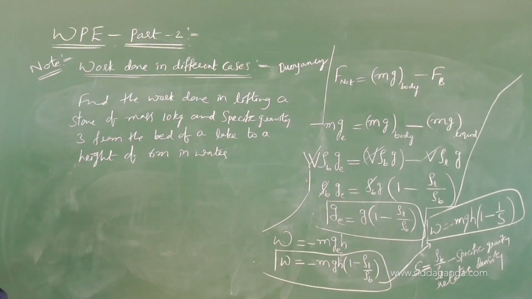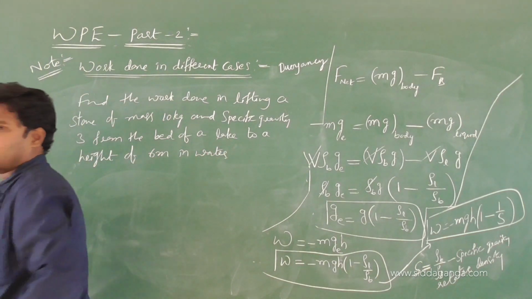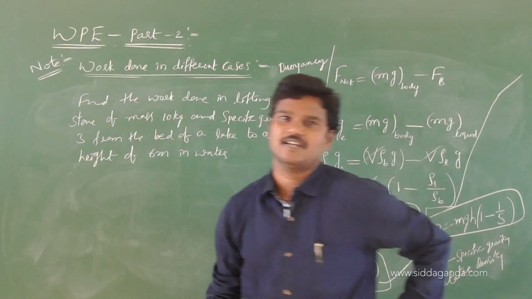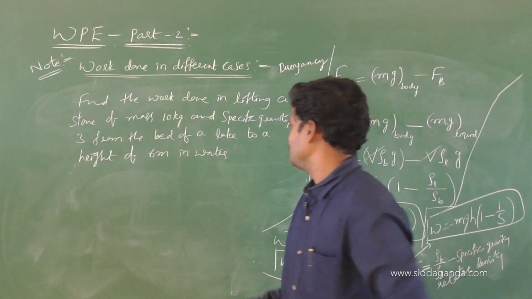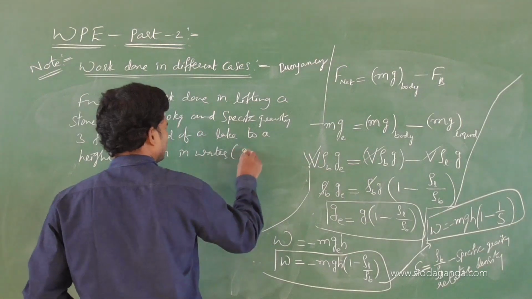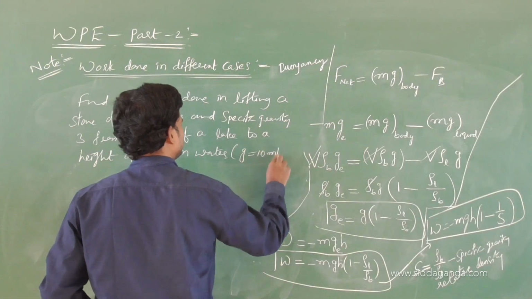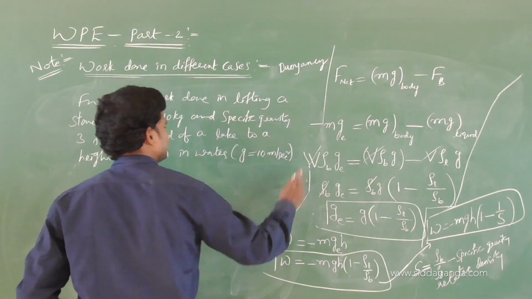I have given the proper question, no doubt you will get the correct answer. Take g as 9.8, otherwise you can take g as 10, that's not a problem. Your wish. g is 10 meter per second square.